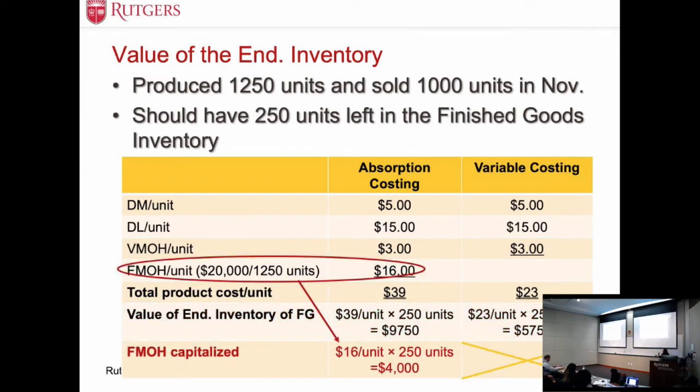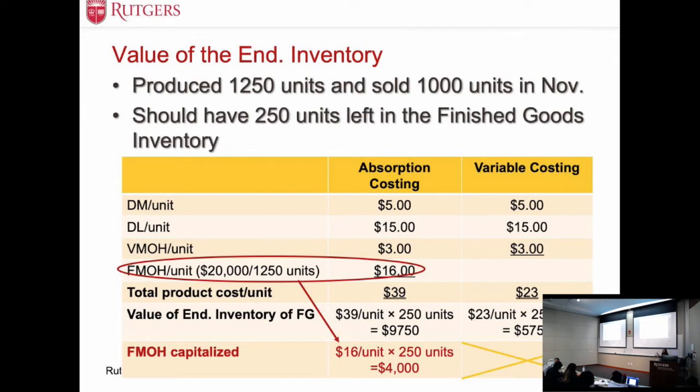And let's look at another value. We want to know the value of the fixed overhead in the ending inventory. Because we have 250 units left, and the unit fixed overhead is $16, the value of the fixed overhead left in the ending balance is 4,000.